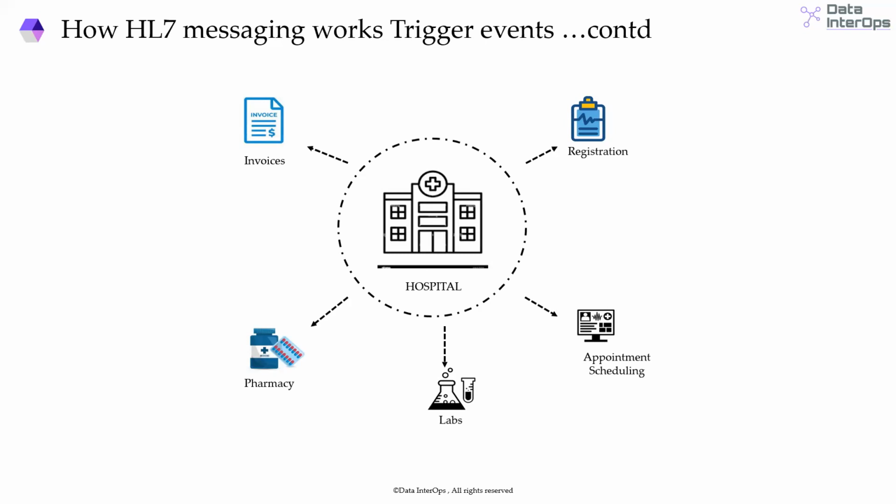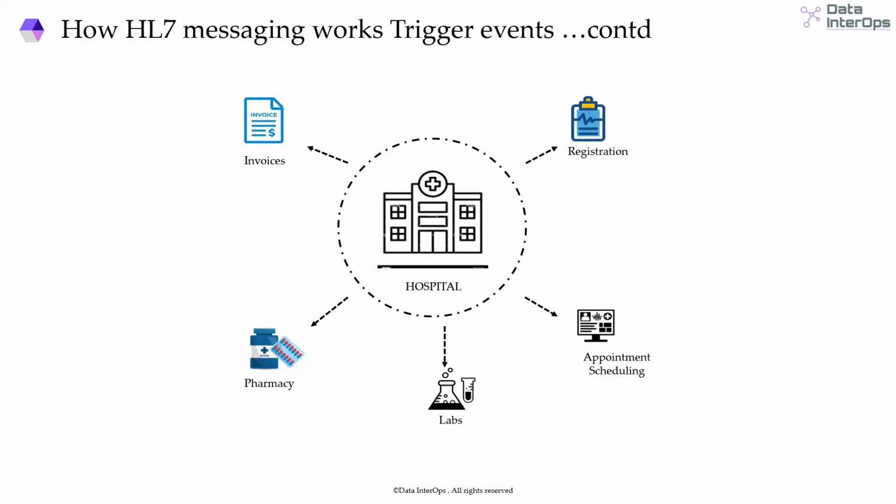Patient's information can be updated if he is already there in the system, right? Patient can be admitted to the hospital, patient can be discharged from the hospital or transferred to a different department or a different hospital, right? So these are series of events that will take place. All right. So all of these will fall under registration category.